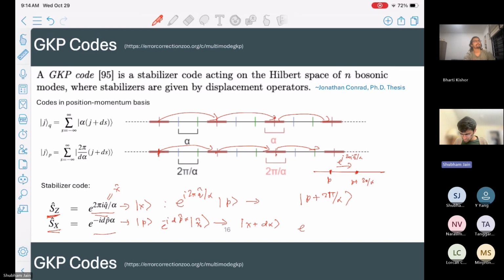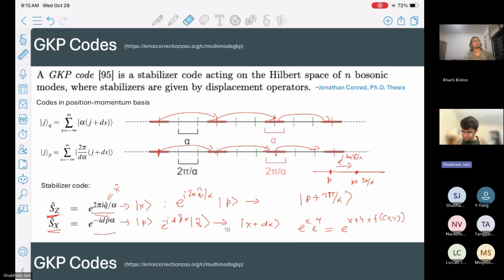And you can check this because of the Baker-Campbell-Hausdorff formula, plus some function of x comma y. So this operator e to the x comma y, why did I mention this actually?